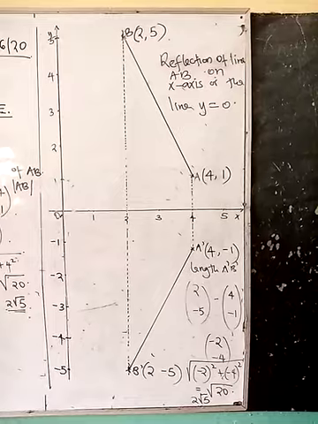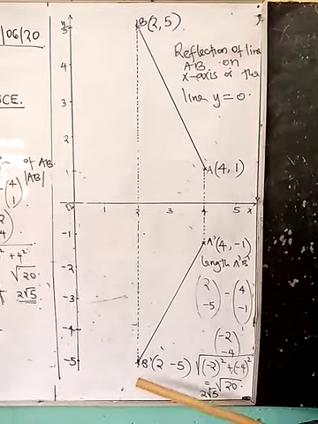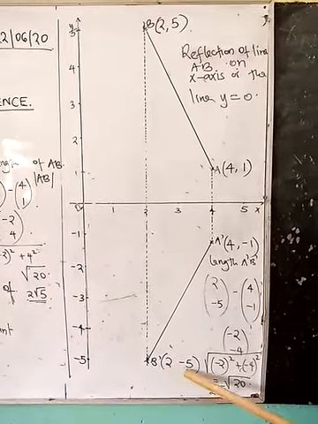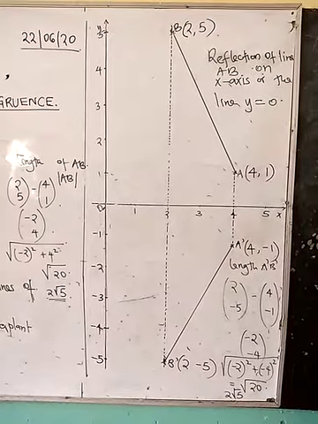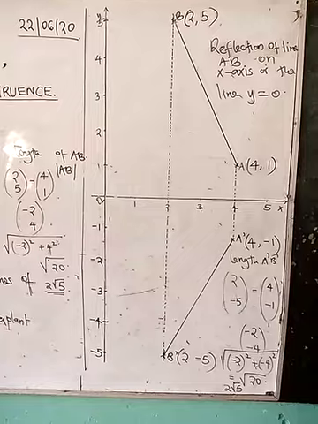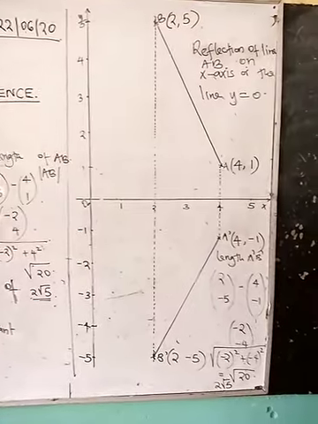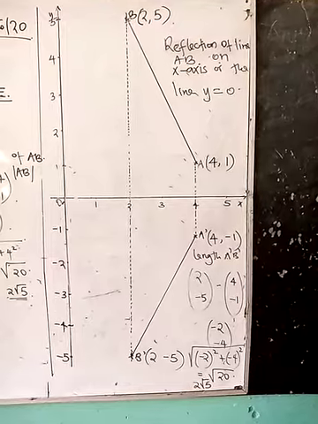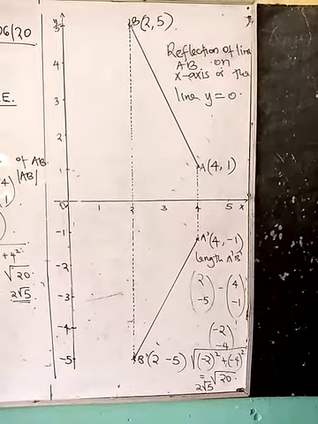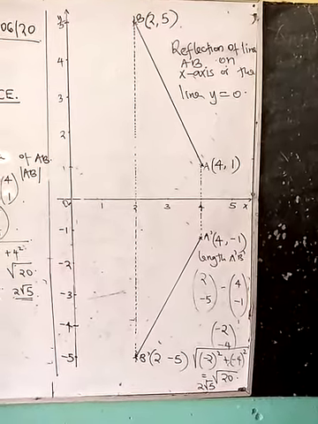So we'll land at (2, -5) as our coordinate of that particular point B. So we give it the name B prime. B prime is the coordinate of B after it has been reflected along that line.